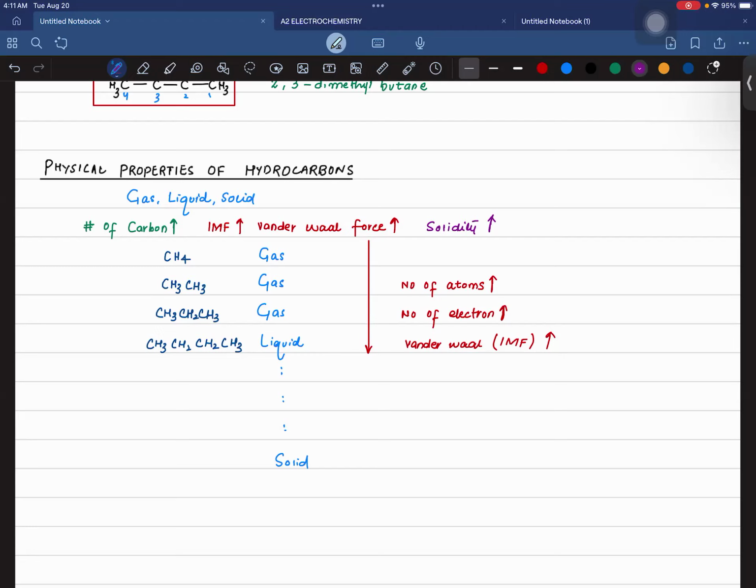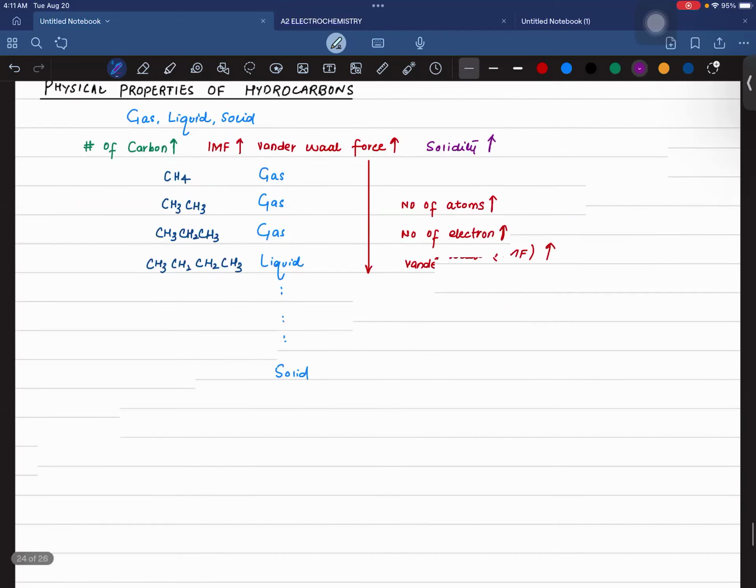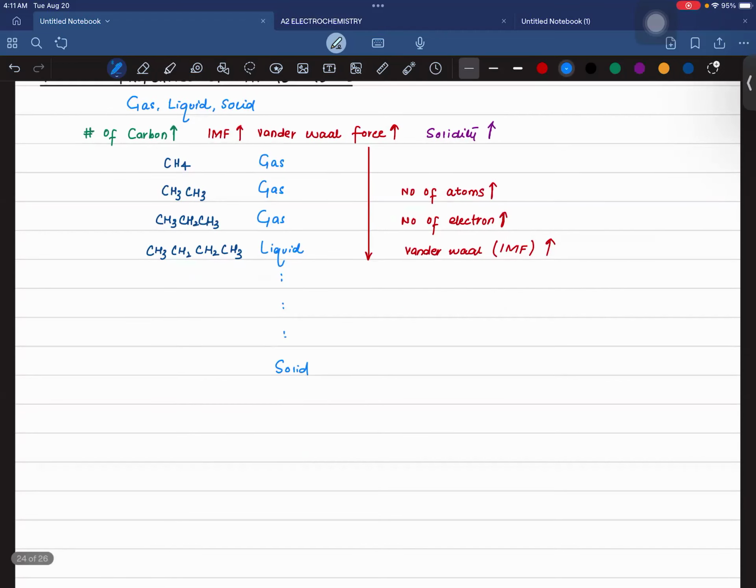You can count the number of atoms or number of electrons. The number of electrons is directly proportional to the van der Waals force, the intermolecular force of attraction. So as the number of carbon atoms increases, solidity increases. Not only this, it also affects the melting point and boiling point.